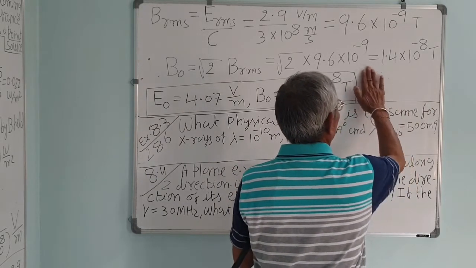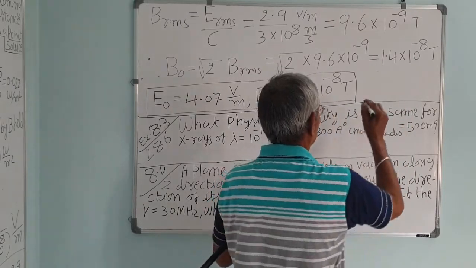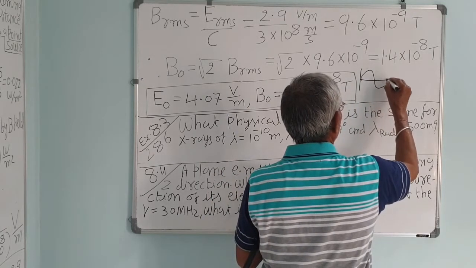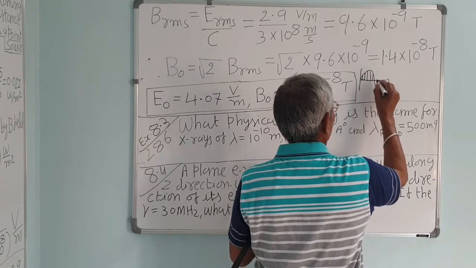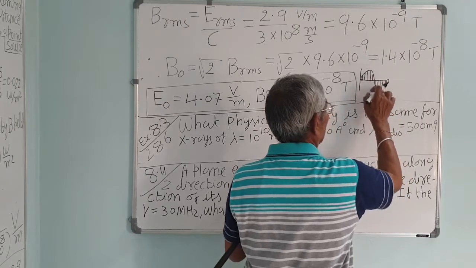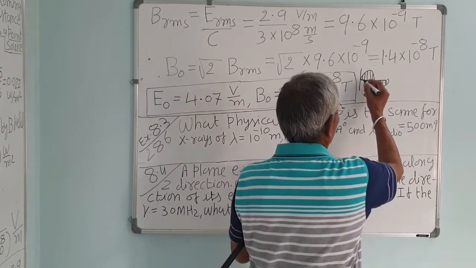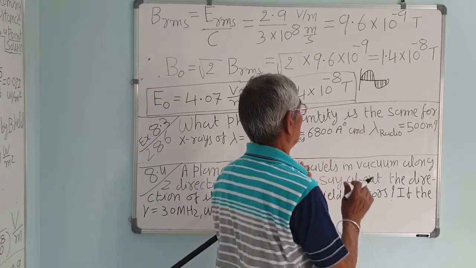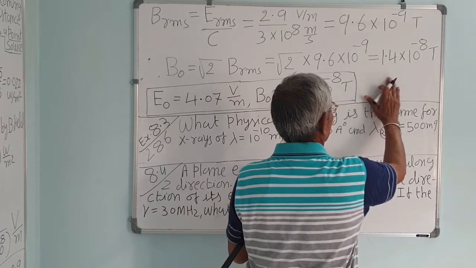Suppose the current is like this, I1, I2, I3, I4, I5, or B1, B2, B3, B4, B5. It is not the average over the cycle. Even if you take the square, it is not just the mean square, it is a root mean square.